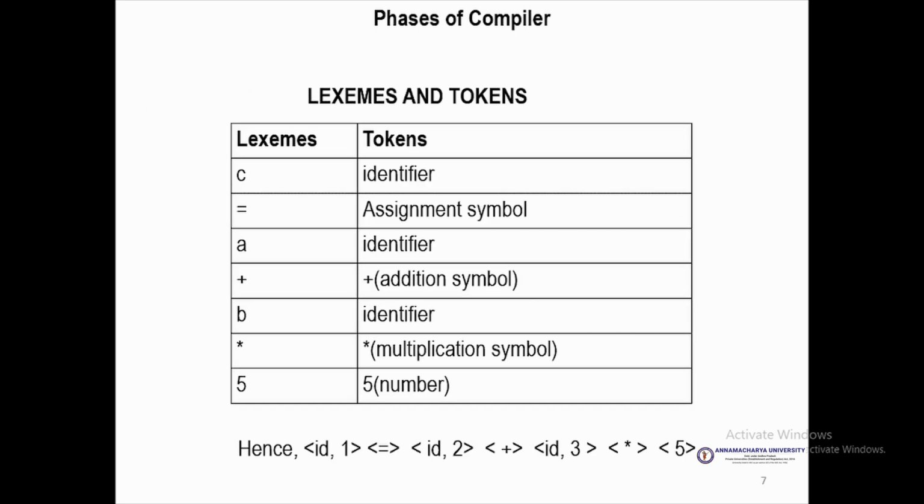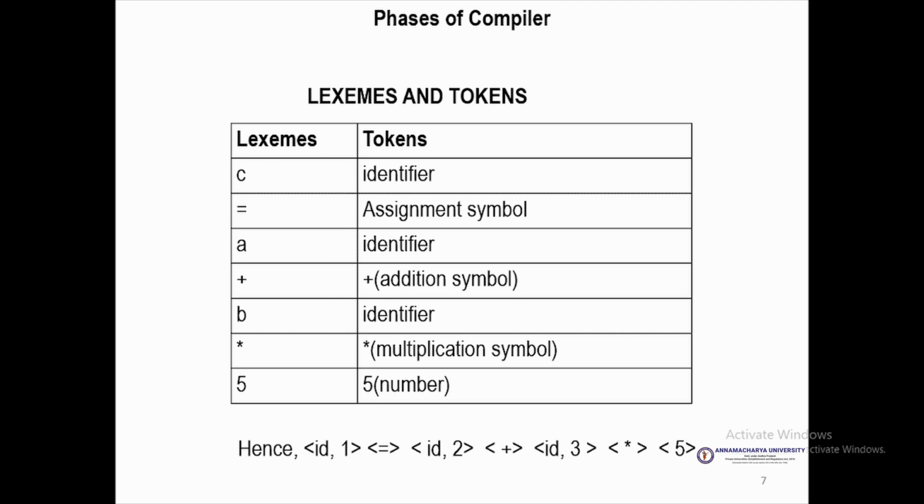Lexemes and tokens are differentiated here. C is an identifier, equal to is the assignment symbol, A is an identifier or variable, plus is a symbol, B is an identifier, star is the multiplication symbol, and 5 is a number or constant.